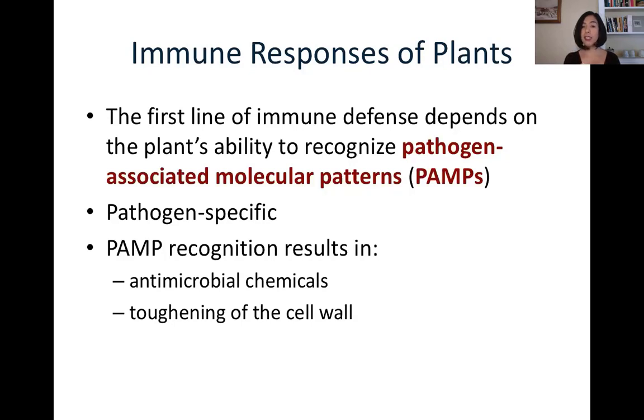The response that the plant generates is going to be specific depending on the pathogen that is triggering it. So PAMP recognition results in the production of antimicrobial chemicals, but it can also help with the synthesis of the cell wall, creating a tougher cell wall that will prevent more pathogens from entering the plant.